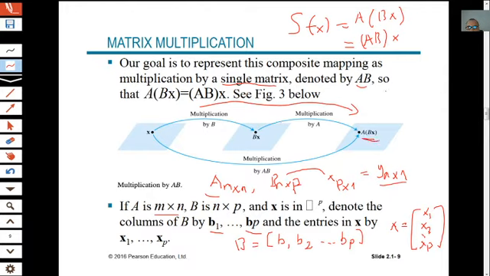So we have A times y, giving an n by 1 vector z.